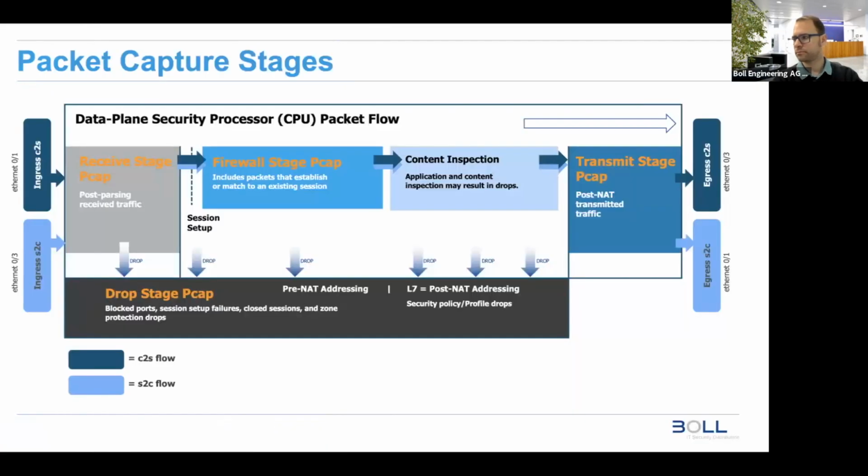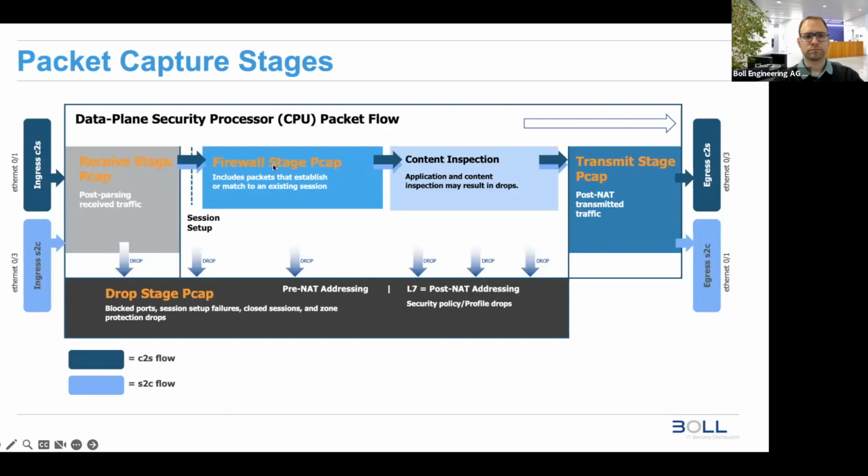We have seen before that packets can be dropped at different stages. Packets can be dropped already at the receive stage, or maybe later on during the firewall stage or after the firewall stage. So it depends on where we see the packet. Let's say we see the packet only on the receive stage and on the drop stage.